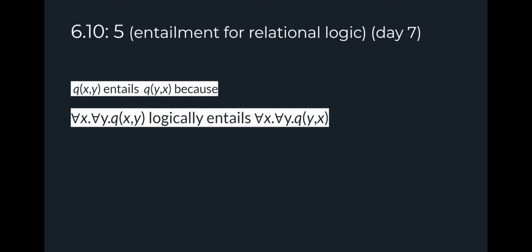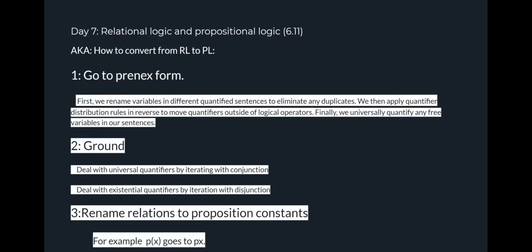Also, we can reverse the order of our variables, and that's because a relational logical sentence with free variables can be replaced by the same sentence where those free variables are replaced by universally quantified variables, and we've already established common quantifier reversal. Okay.